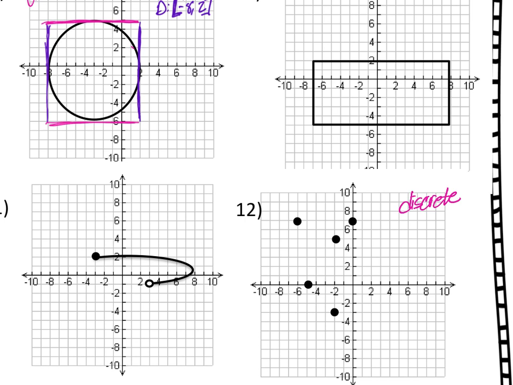So like between -5 and -6 here, there's nothing in between. I only want -5 and I only want -6. There's not that infinite number between there. Therefore, that's discrete. It's not continuous. Does that kind of make sense?